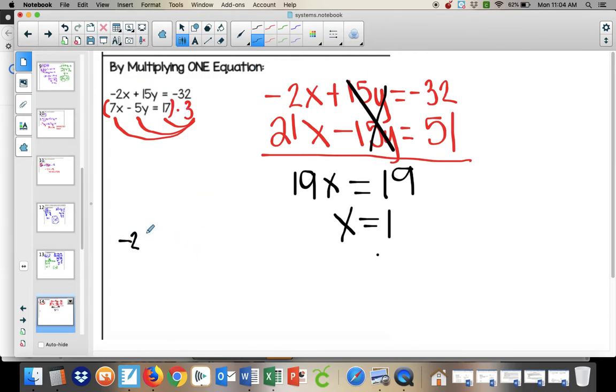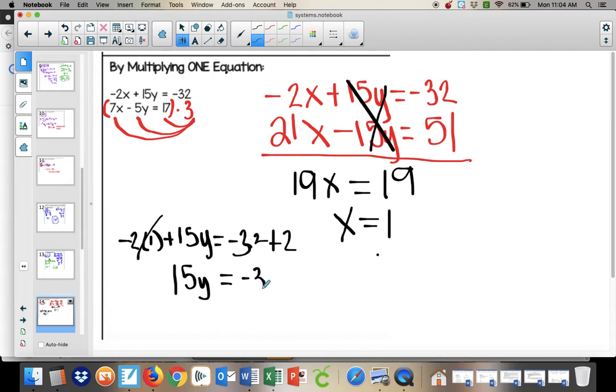Negative 2 times 1 plus 15y is negative 32. All right, this is a negative 2. So in order to get rid of that, I'm going to add 2 on this side. I'm left with 15y is negative 30. So y is negative 2.